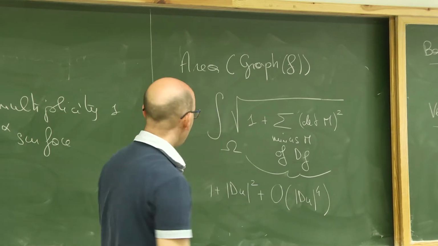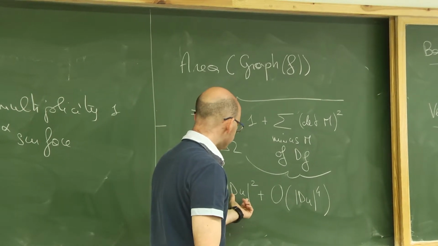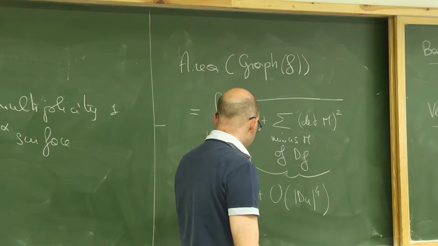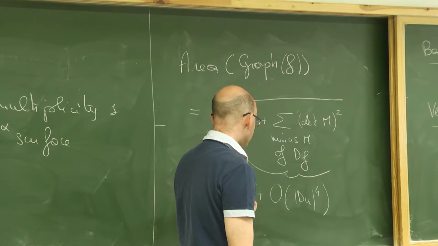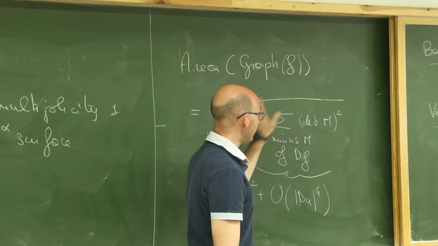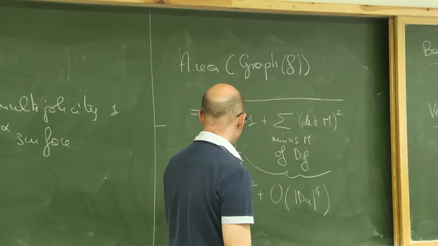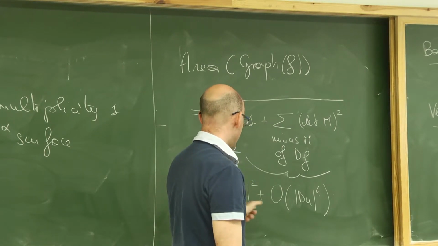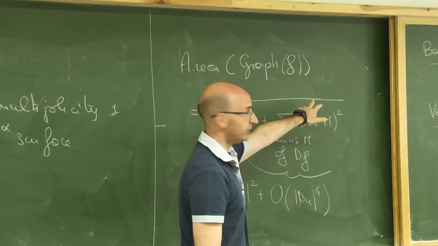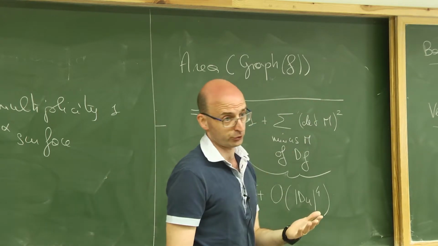Now, if you're thinking that Du is small, you can Taylor expand this integrand, and you essentially find 1 plus the Dirichlet energy divided by 2, because you're also expanding the square root, plus higher order terms.